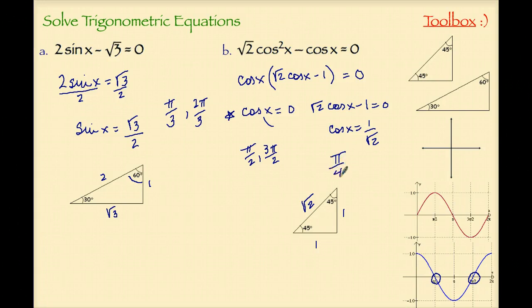But where is cosine positive in the four quadrants? It's positive in the first quadrant and the fourth quadrant. Therefore, I need the first quadrant pi over 4 angle, which of course is pi over 4, but I also need the fourth quadrant pi over 4 angle, and that is 7 pi over 4. So these four answers are solutions to this equation.